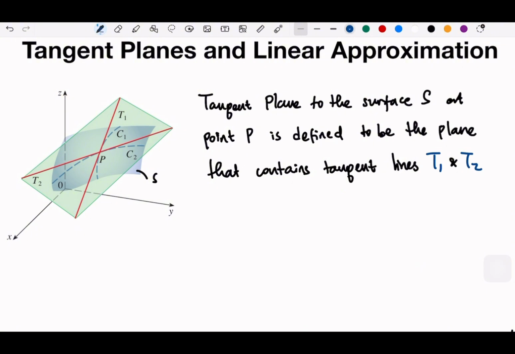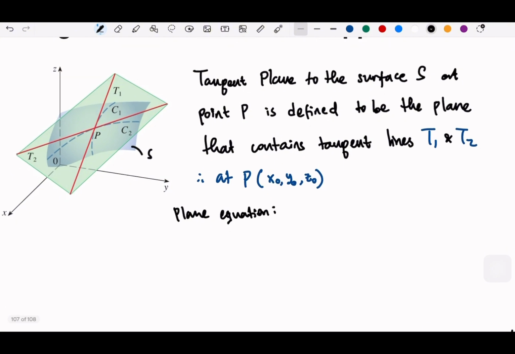And thus, at P, let's say P initial point is x0, y0, z0, the plane equation will be a(x minus x0) plus b. This is the standard form of any plane equation in 3 dimensions, plus c(z minus z0) equals 0. Okay.